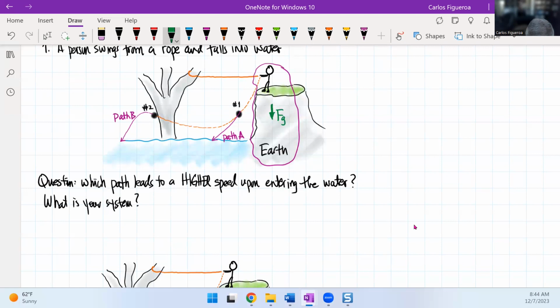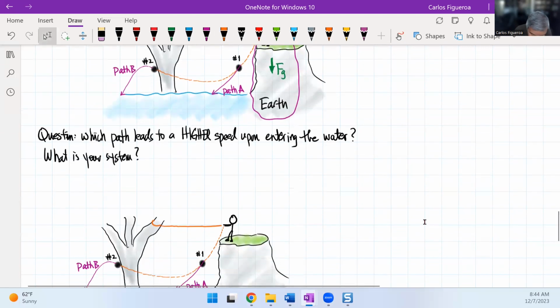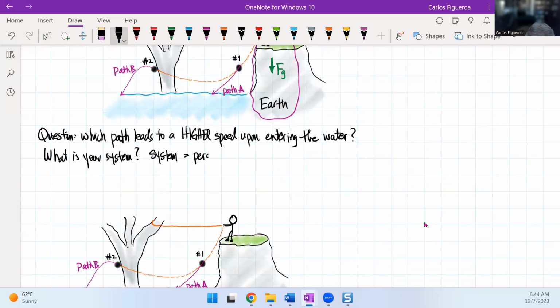There is another force, which is the tension force of the rope. So let's go look at that. Our system equals the person plus the Earth.